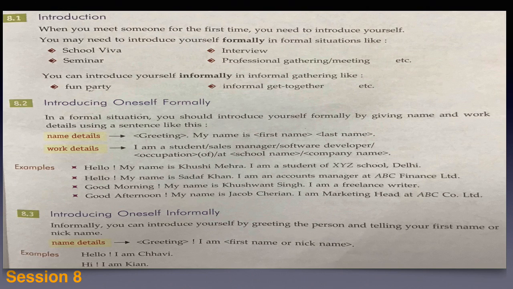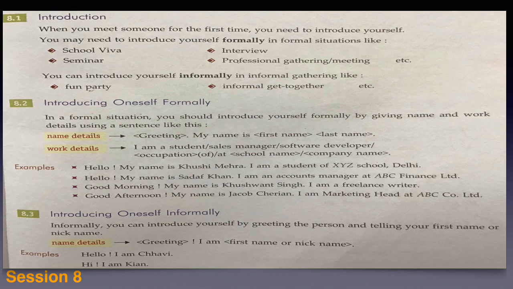If we introduce ourselves formally, it should be a professional area, a place where we should behave formally. Then only this formal introduction is needed.